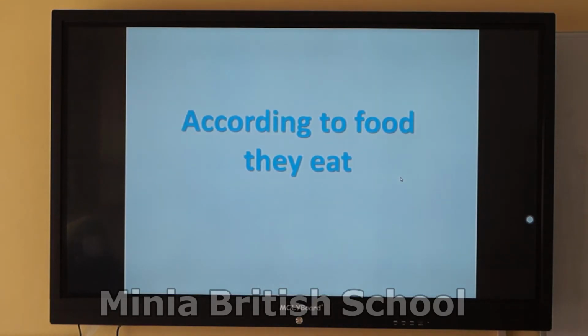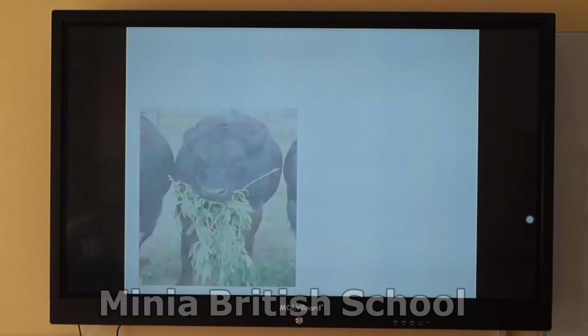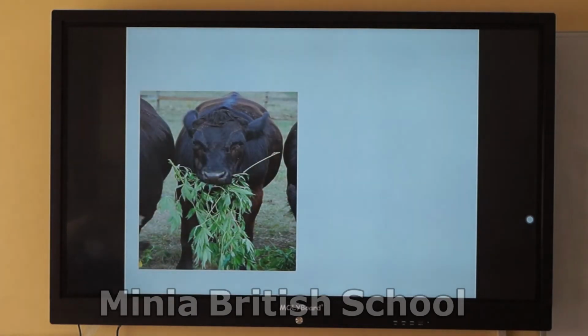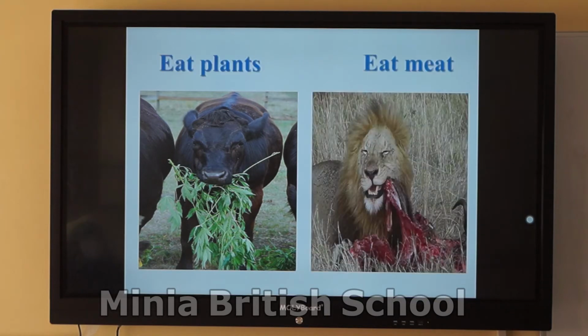Animals are different according to the food they eat. How? Let's see. If you look at this picture, you can see a cow eats plants, which means that there is a group of animals that eat plants.